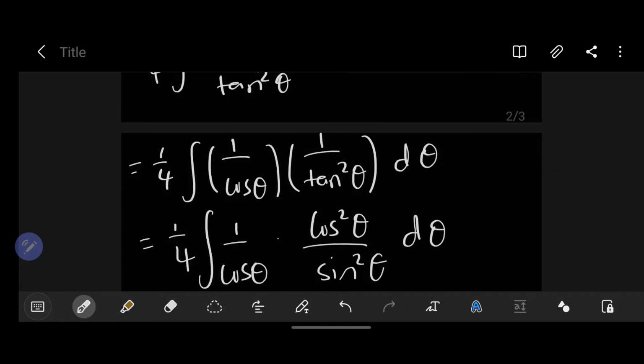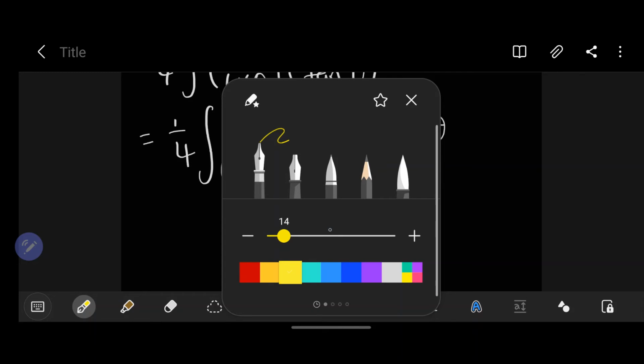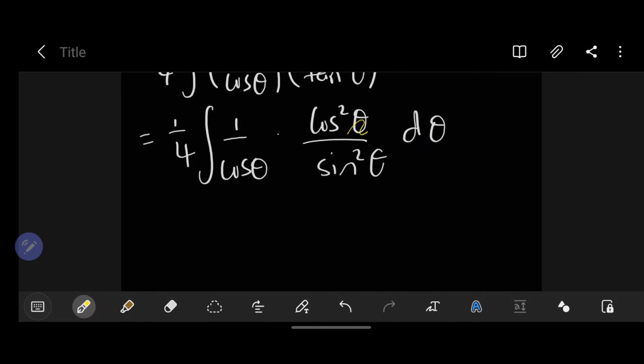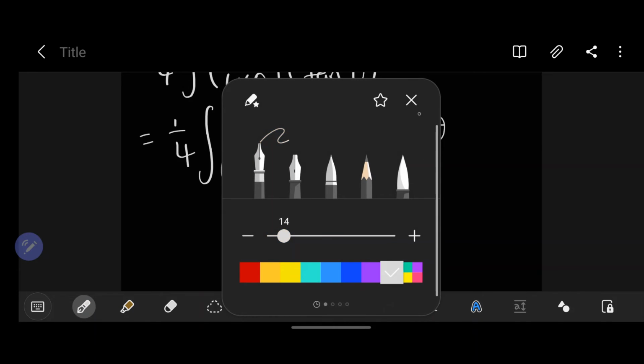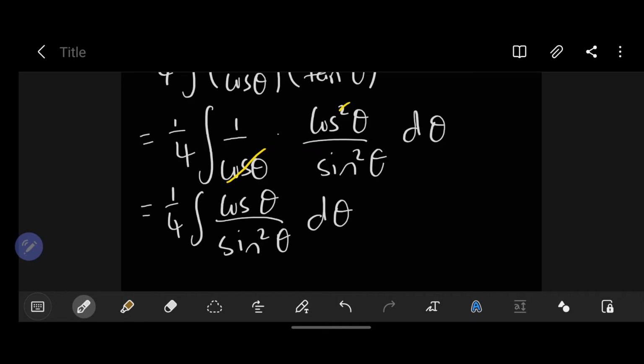I forgot about d theta here. Okay, it's fine. So I can cancel out one of the cos theta in the square to cancel out that cos theta there. So I'm left with 1 over 4 cos theta over sine squared theta d theta.